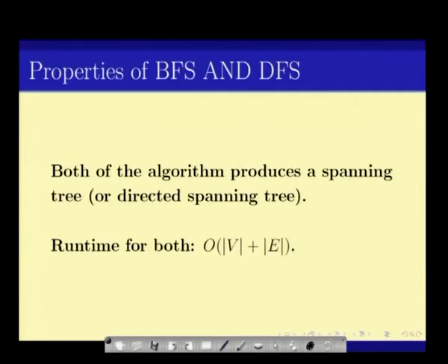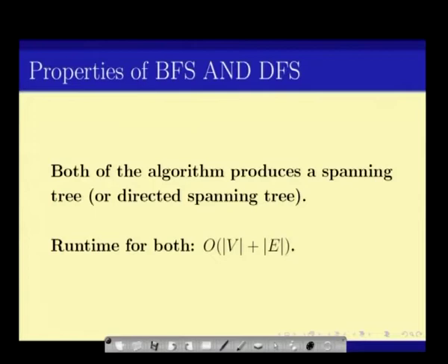First of all, both of these algorithms can be used to produce a spanning tree. You recall that both the algorithms finally end up picking some set of edges and not picking some other set of edges. The set of edges picked will give you a spanning tree of the graph, or a tree that touches every vertex in the graph, and it does it in a runtime which is linear in the size of the input.